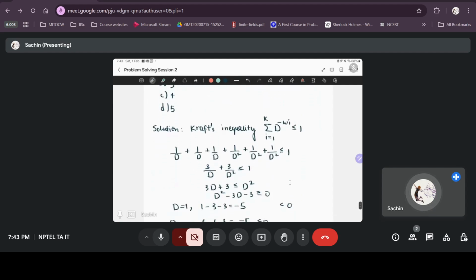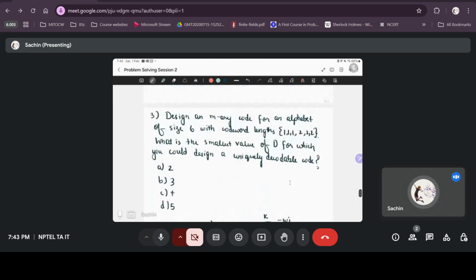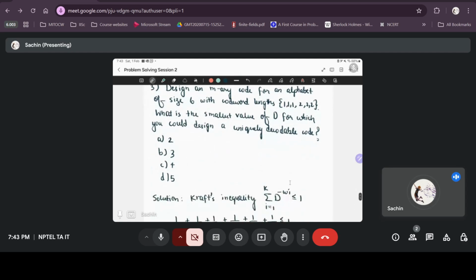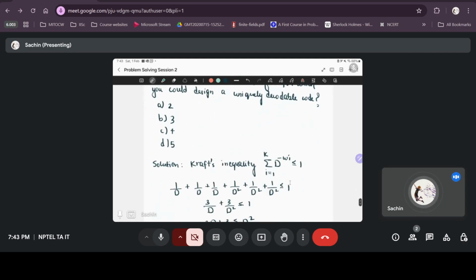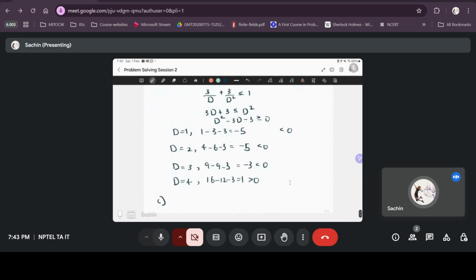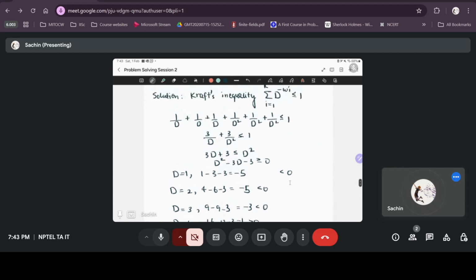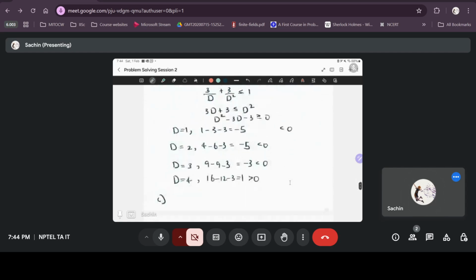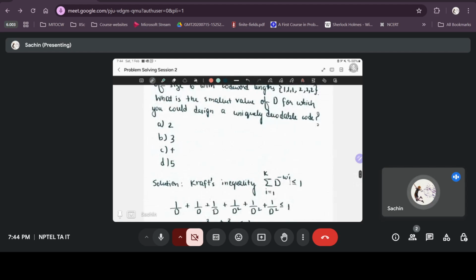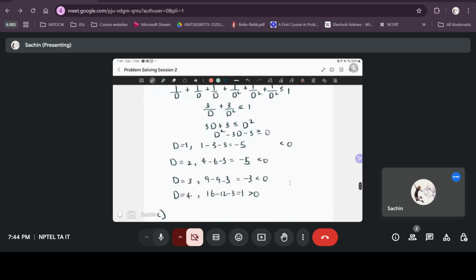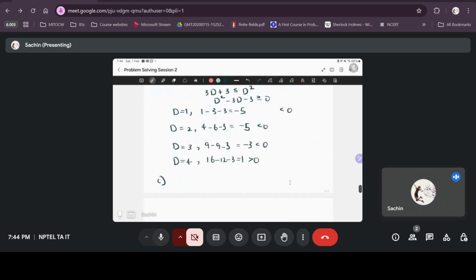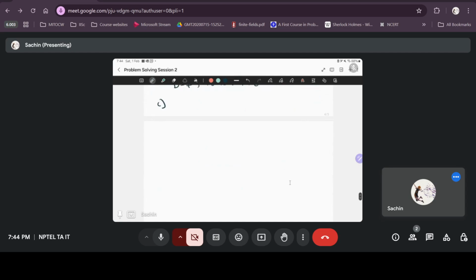But as far as the course is concerned, you won't have complicated questions. So within 4 or 5 values, you should be able to get the right answer. As you can see, the option is only up to d is equal to 5. So you would have to try from d is equal to 1 to d is equal to 5, and you would have your answer.